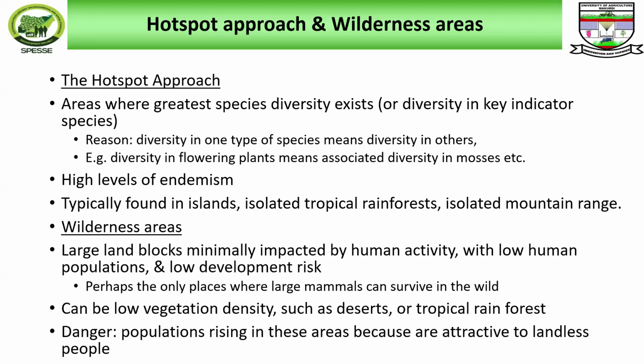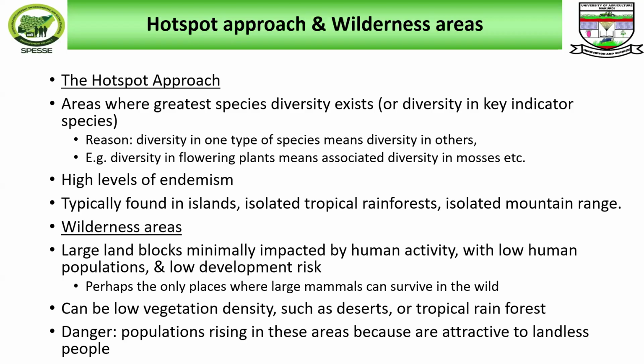An example is diversity in flowering plants. It can also be diversity in mosses. So you have different objectives being met. And a hotspot is a place where you congregate, so that can be an approach as well.